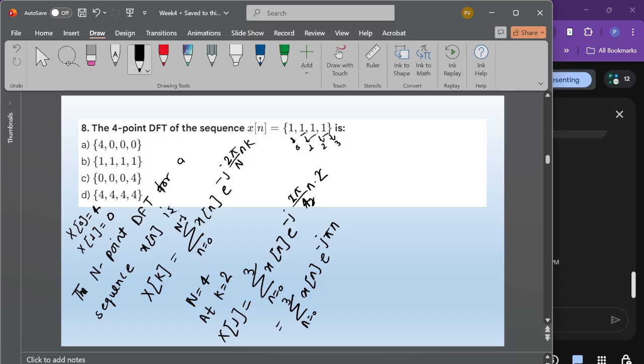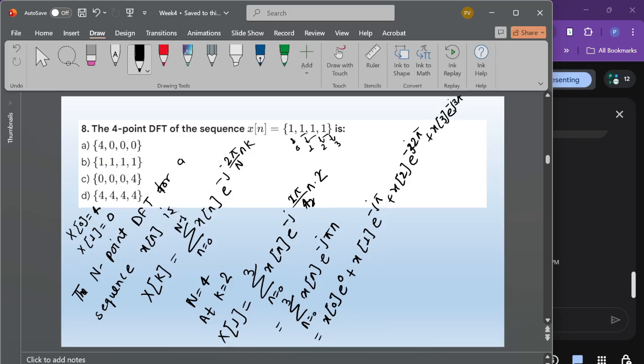Now put the values of n. So x of 0 e to the power 0, x of 1 e to the power minus j pi plus x of 2 e to the power minus j 2 pi plus x of 3 e to the power minus j 3 pi. Okay. Now calculate these values.